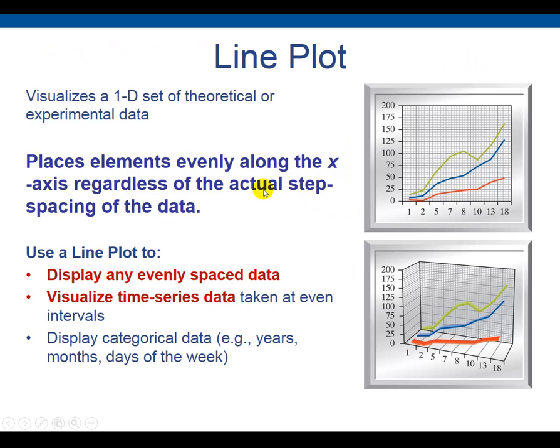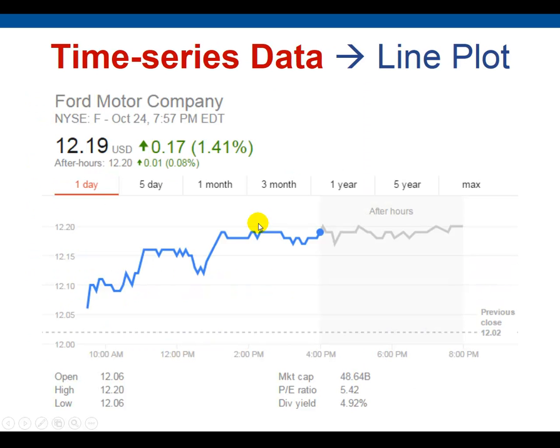About the line plot, when do we use it? If you have data related to time, then it's easy to see the data trend from the line plot instead of a scatter plot. For example, here you can see the Ford Motor Company.